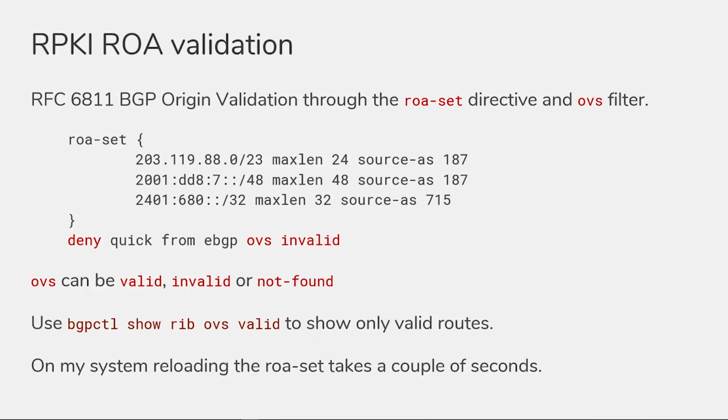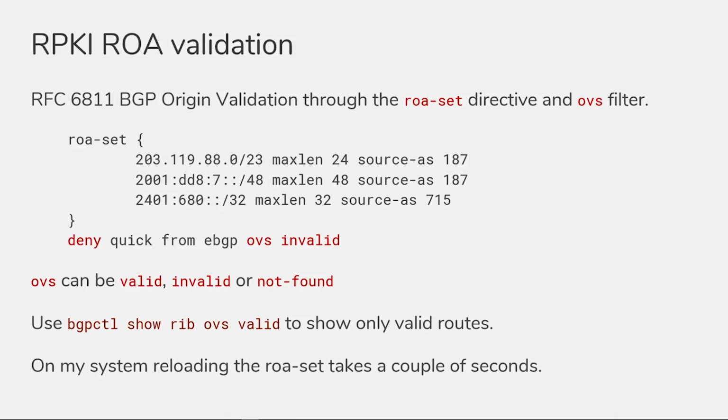You can use source AS 0 as in the RFC to have a blocking entry. And for the filtering language, we introduced what we call OVS, for origin validation state. The OVS can be one of valid, invalid, or not found, as with typical ROA lookups.